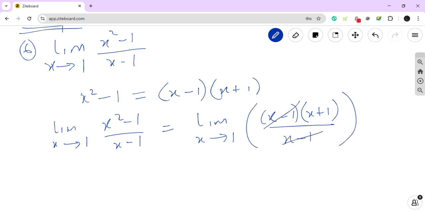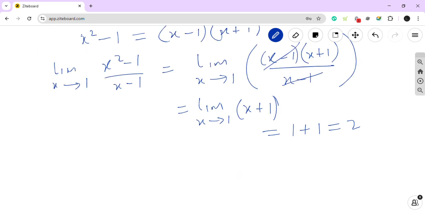This can cancel, so we have limit as x tends to 1 of x plus 1. Anywhere you see x, just put 1. That's 1 plus 1, which is 2. That's how to solve that.